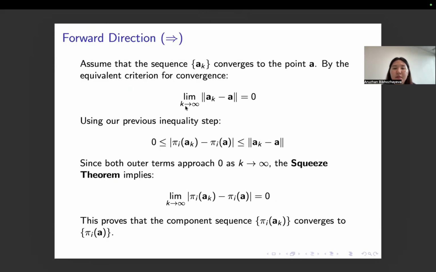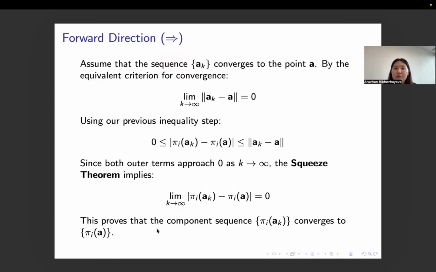Now suppose the vector sequence already converges. This means that the Euclidean distance between A_k and A approaches zero. From the inequality that we got on the previous slides, every coordinate distance is trapped between zero and its norm. Since the norm goes to zero, the coordinate distances must also go to zero, and this follows directly from the squeeze theorem.